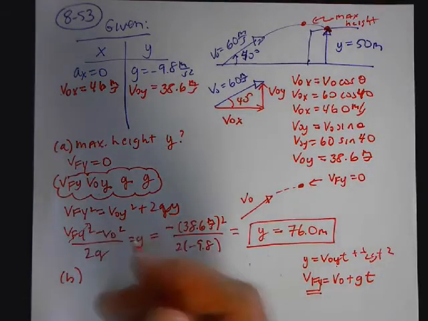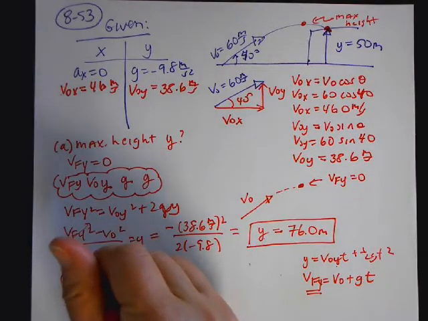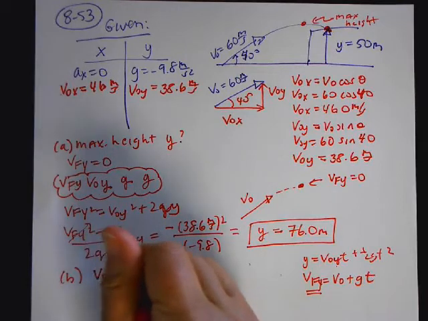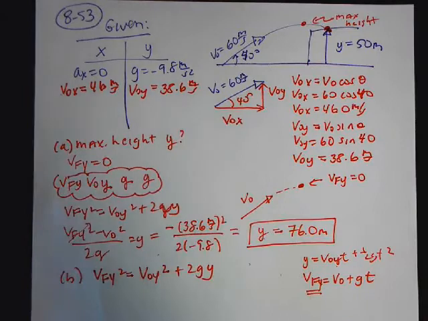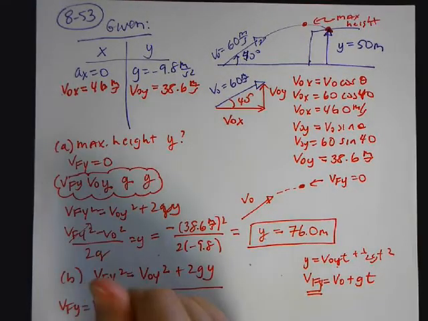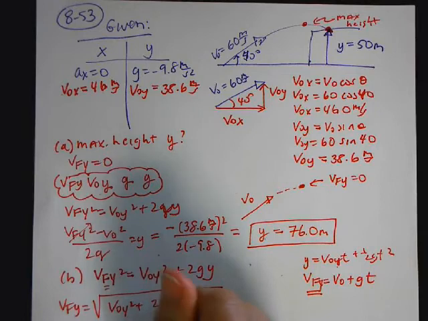So the way I'm going to do it right now is I'm going to say that vfy squared is equal to v naught y squared plus 2gy. And now I'm going to rearrange this equation to find vfy. So vfy is equal to the square root of v naught y squared plus 2gy.